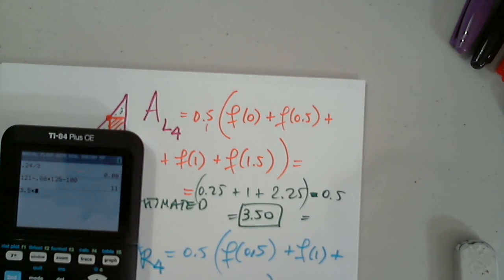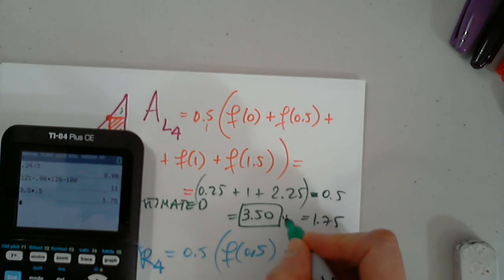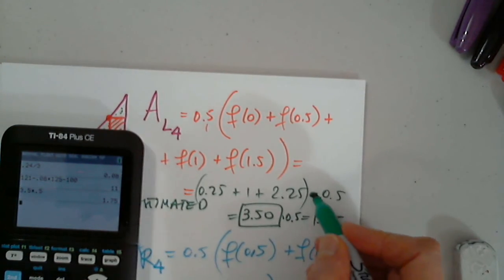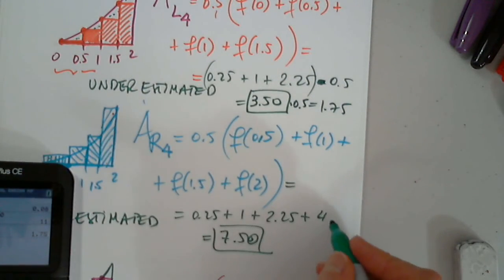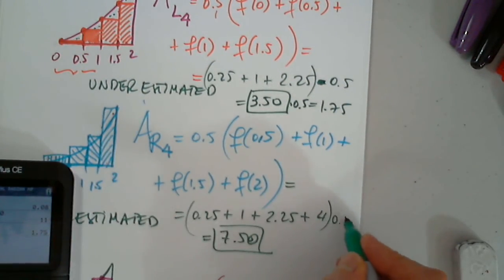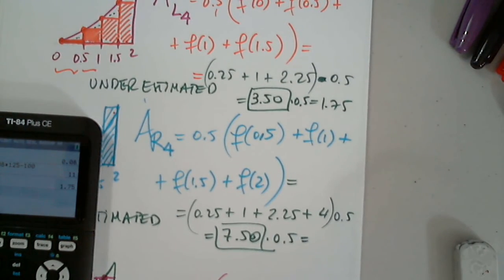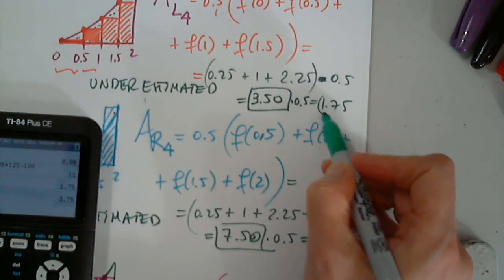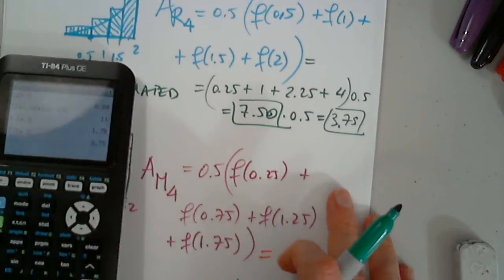So 3.5 times 0.5, 1.75. So times 0.5. Don't forget to multiply by 0.5. I left it alone there and I forgot about it for a second. So this is multiplied by 0.5. So 7.5 times 0.5. That's the base. You cannot forget the base. So the first one was 1.75, the second one was 3.75, and now let's determine the last one.